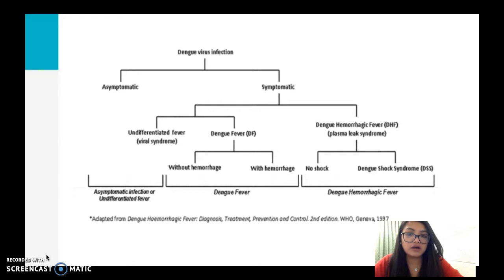Here we have the dengue virus infection. Some people are asymptomatic, some symptomatic. 2/3 of the population are said to be infected by dengue fever, and some get the milder form, which is dengue fever, and the much more severe form is dengue hemorrhagic fever, which has thrombocytopenia, which is a deficiency of platelets in the blood, and vascular leakage.